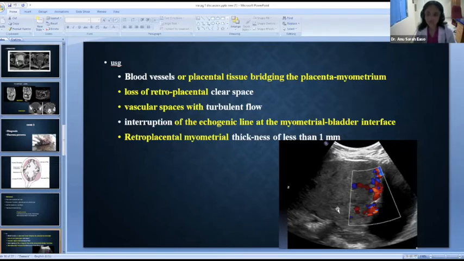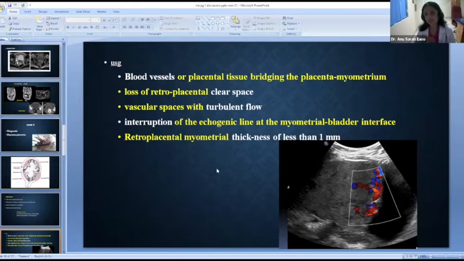If there are risk factors, you should see carefully whether these are the described findings on the ultrasound in cases of abnormal placentation. That is, you won't see a retroplacental clear space, which normally separates the placenta and the myometrium.